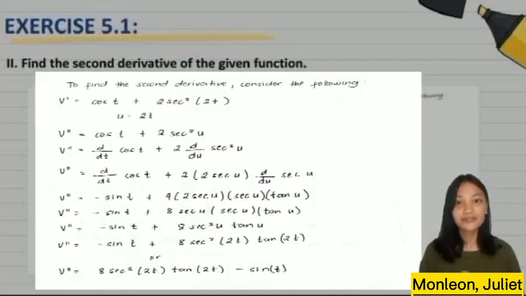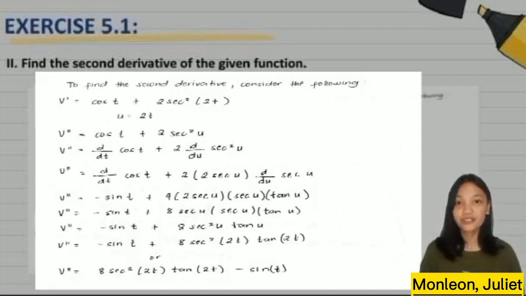The second derivative of v with respect to t is equal to negative sine t plus 8 secant squared u times tangent u. To get the final answer, we will substitute the value of u, which is 2t, to the result that we came up with.